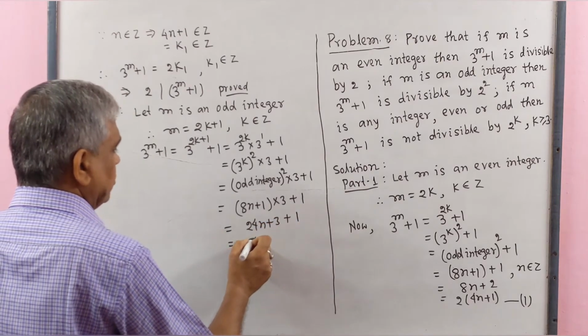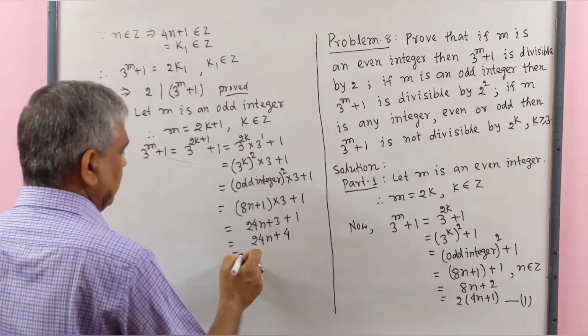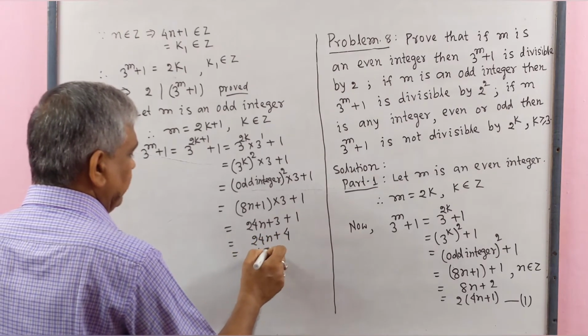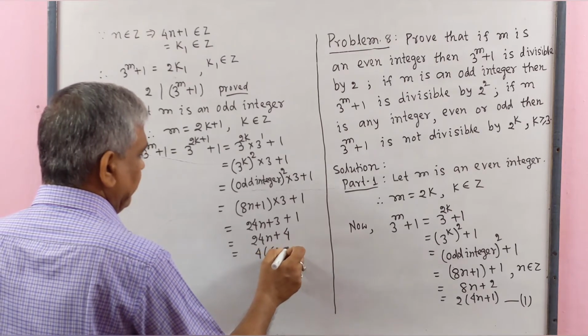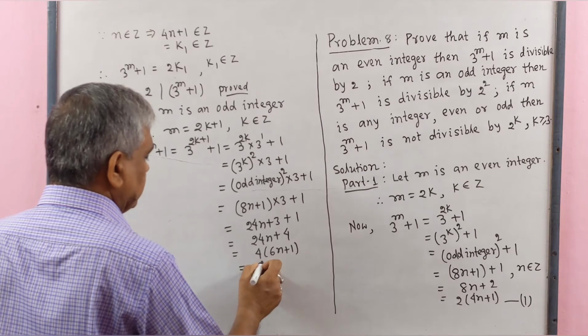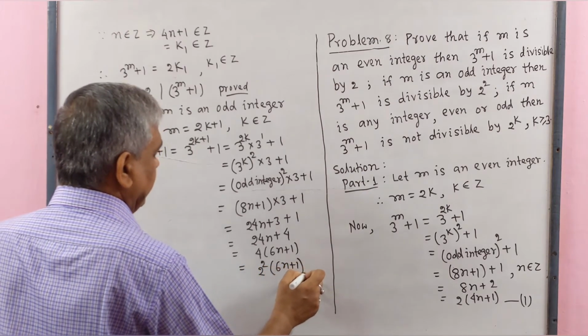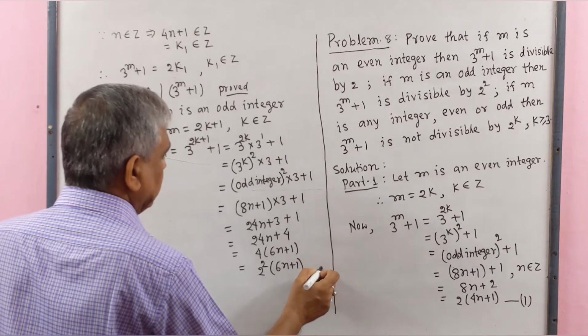This equals 24n plus 4. Taking 4 common, this equals 4 times (6n plus 1), which equals 2 square times (6n plus 1). This is number 2.